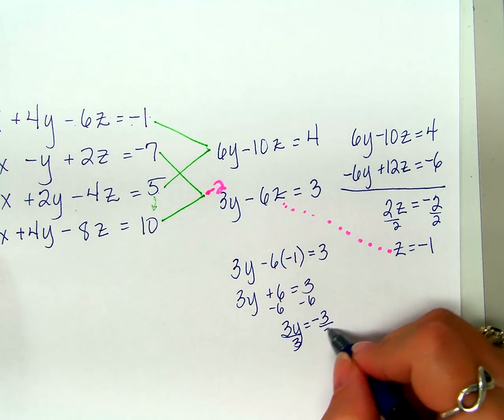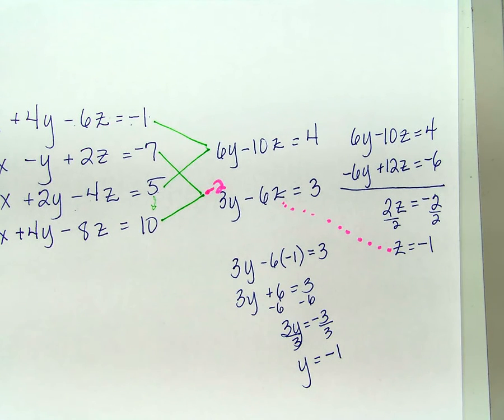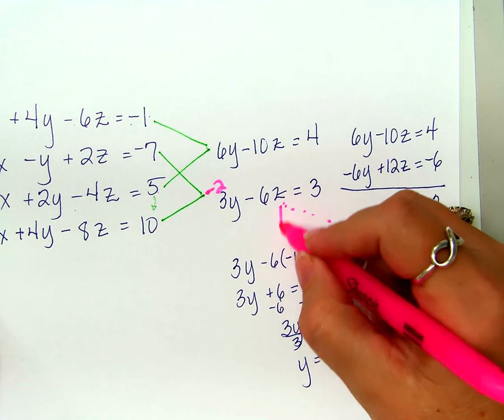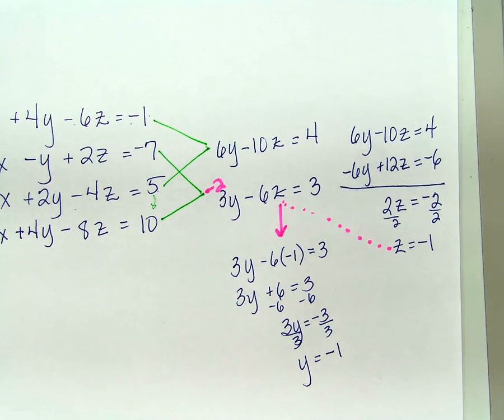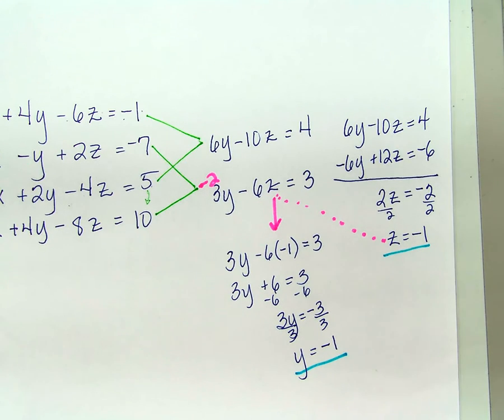So dividing by 3 on both sides, y equals negative 1. So after I found the z, I came here and I went right down there, right? Solve for y. Now I got z and I got y. Now what? I've got to find x, right?